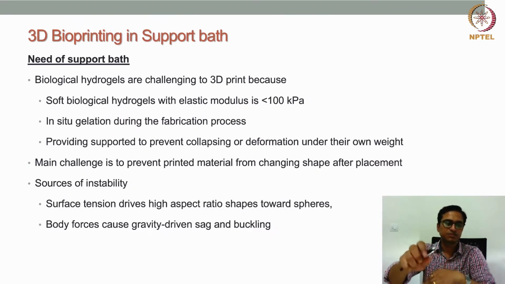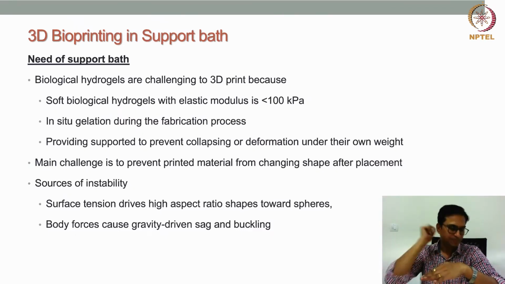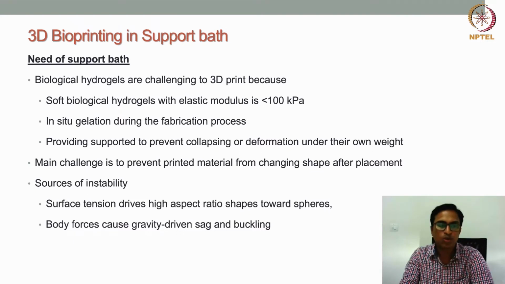If the hydrogel is very soft, after the fabrication is done, it will just collapse or deform due to its own body weight. So that is the main challenge when printing with very soft hydrogels: to prevent the material from changing shape after placement.